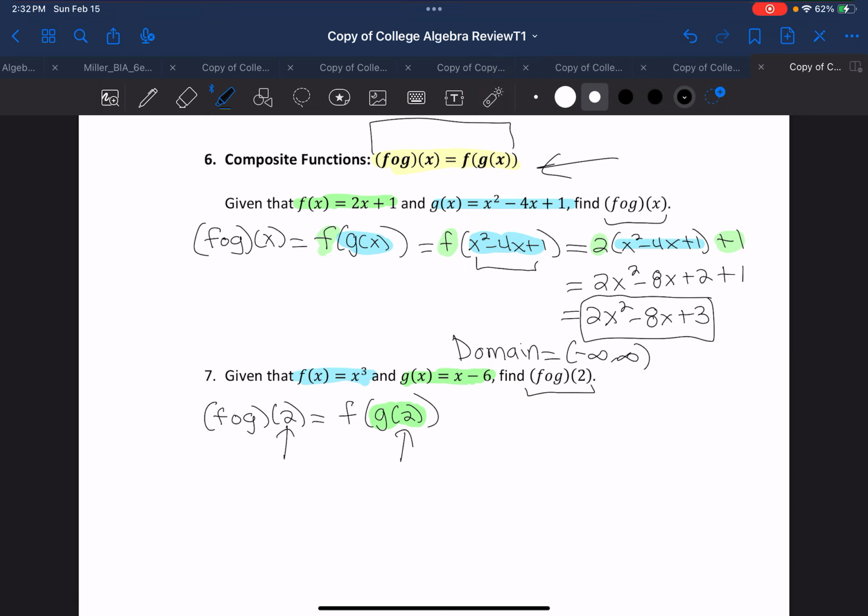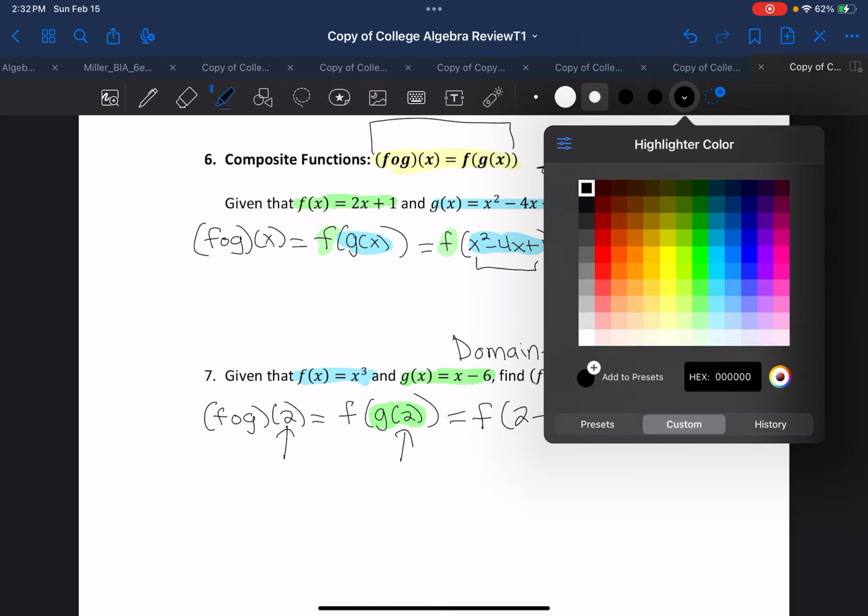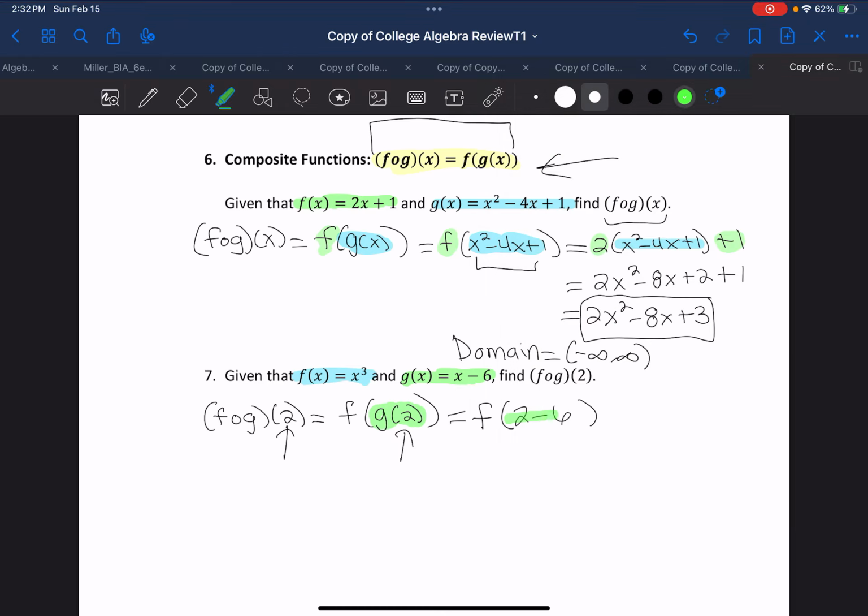So I'm going to keep with the notation, and replace g of 2 with what that would be, which would be 2 minus 6. Because g of x is x minus 6, so plugging 2 into g, which is what that tells me to do, would be 2 minus 6.